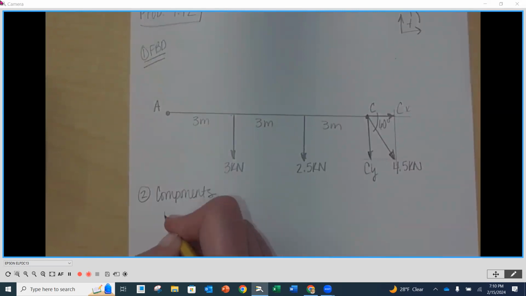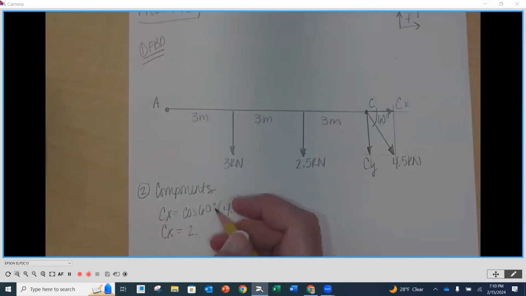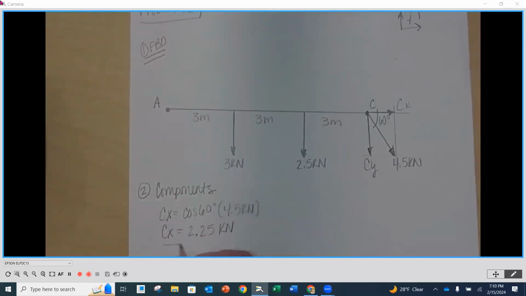Okay. So CX is going to be the cosine of 60 times 4.5 kilonewtons. So CX equals, I think cosine 60 is 0.5, right? Yep. So that's going to be 2.25 kilonewtons.